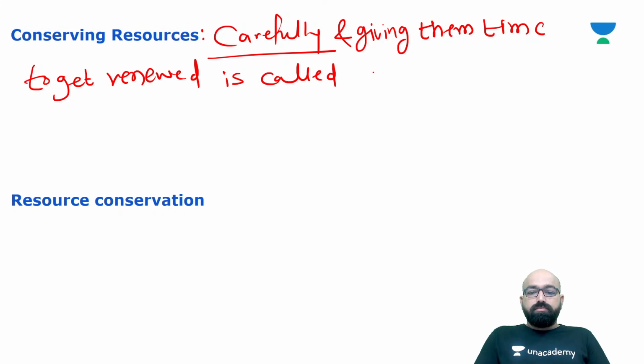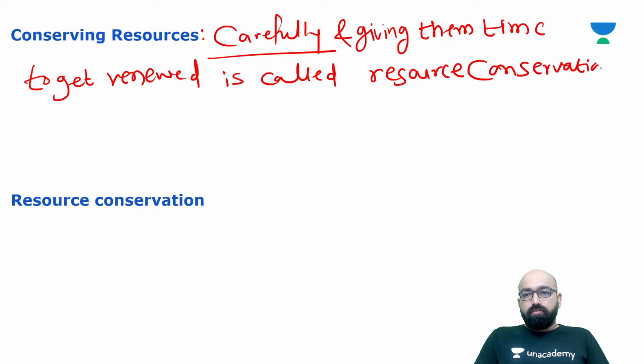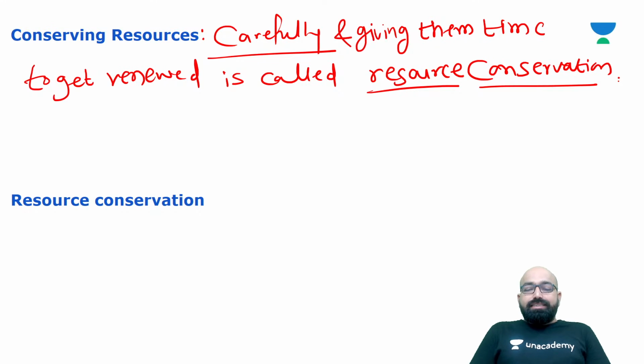It's called resource conservation. Friends, balancing the need to use resources and also conserve them for the future is called sustainable development.